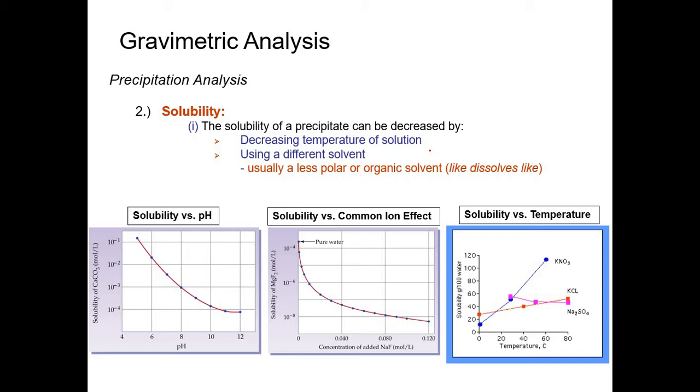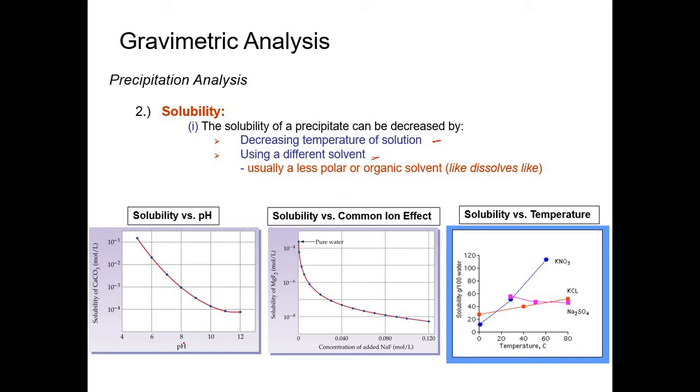And to do that, we can decrease the temperature of the solution, or we can use a different solvent. So we don't need to use water all the time. We can use another solvent such that the precipitate will not be soluble in that solvent. Okay, so usually we can use less polar or the organic solvent.